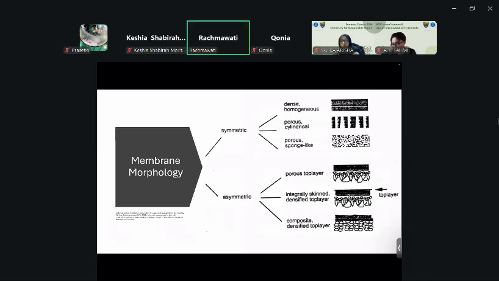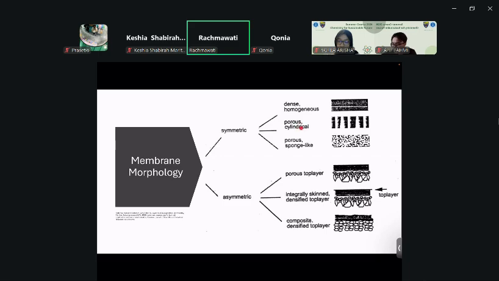So the membrane morphology itself is divided into two types. The first one is symmetric, and the second one is asymmetric. The symmetric one here can be dense or homogeneous, like this one. This is the cross section of the membrane.